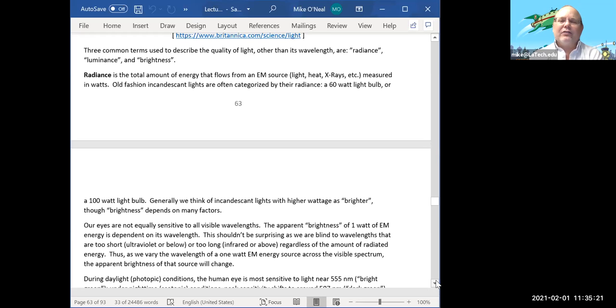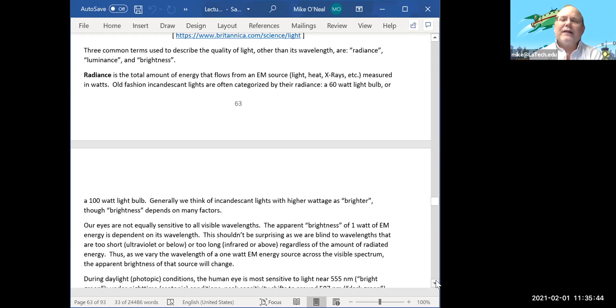And if you've ever touched an incandescent light bulb while it was lit, and you probably did as a child because children are curious and they want to touch and eat everything, you burned your little fingers. And you learned an important lesson that incandescent light bulbs get very, very hot.